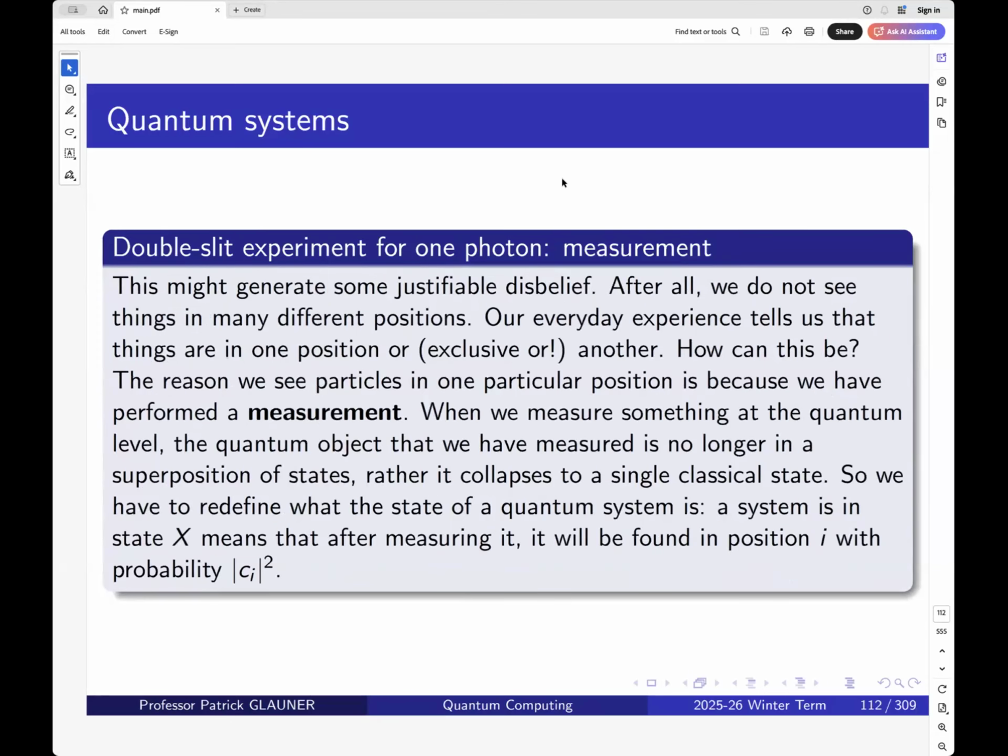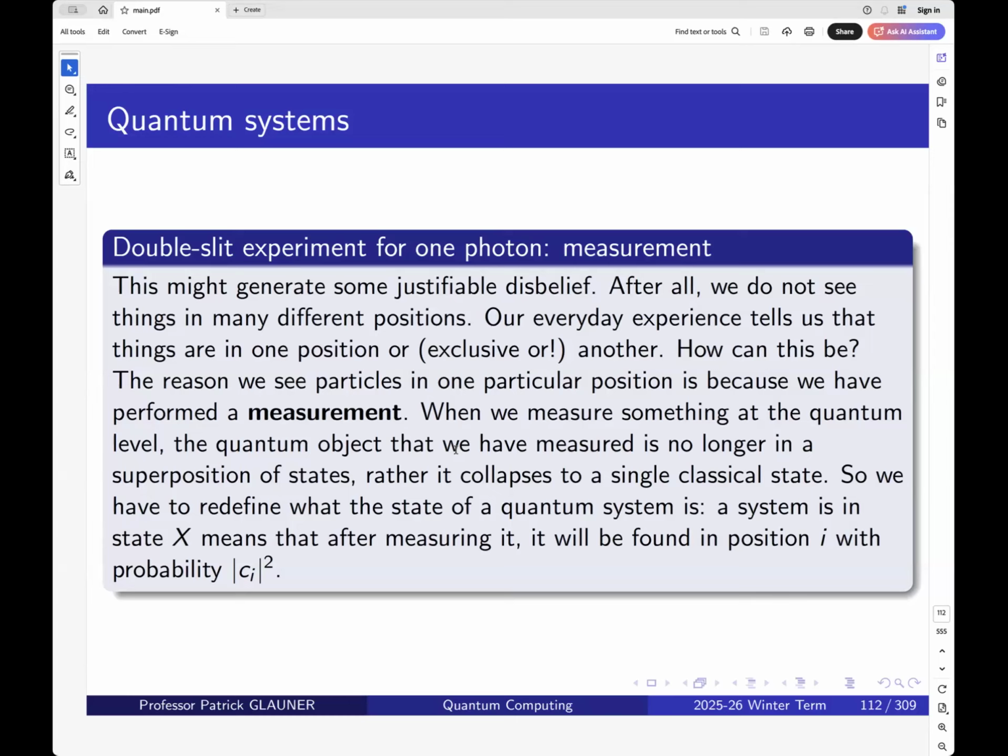Rather, when I do a so-called measurement, that's a concept we will also discuss in greater detail next week, I collapse a quantum state into a classical state, and then our probability ck is the probability of measuring the particle at that position, not that the particle is with a certain probability at that position. Do you understand?